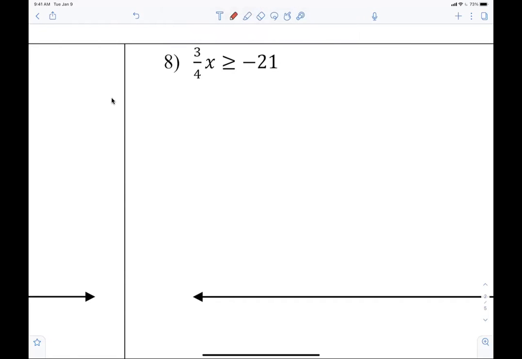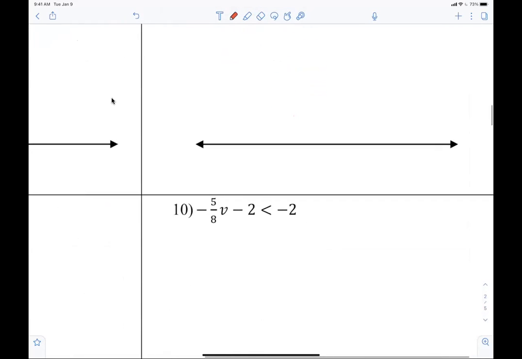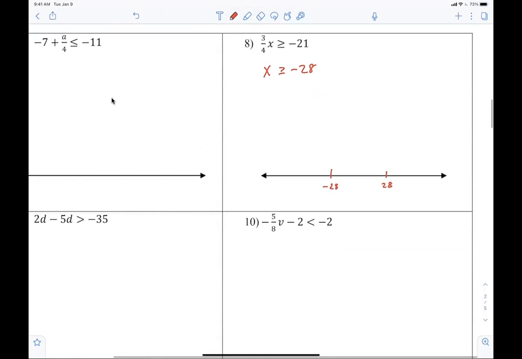So we're going to say x is greater than or equal to, it is negative 28. Thank you. x is greater than or equal to negative 28. So now I come over here, put negative 28, and I put 28, and I have closed at negative 28 going in which direction?